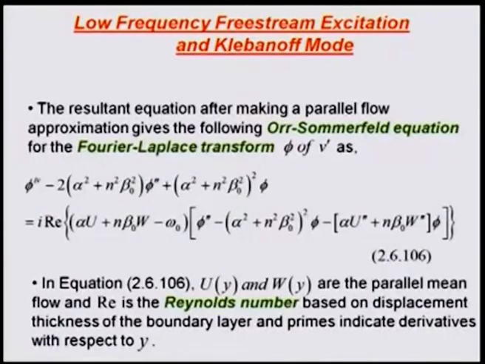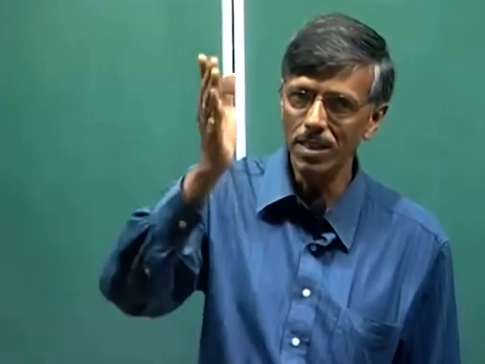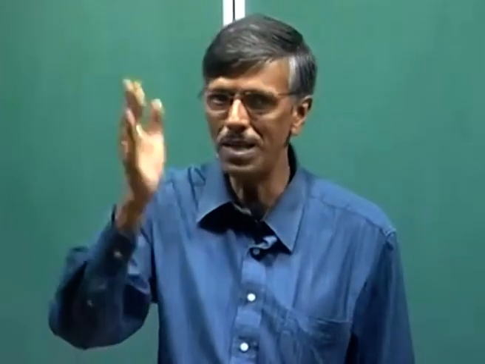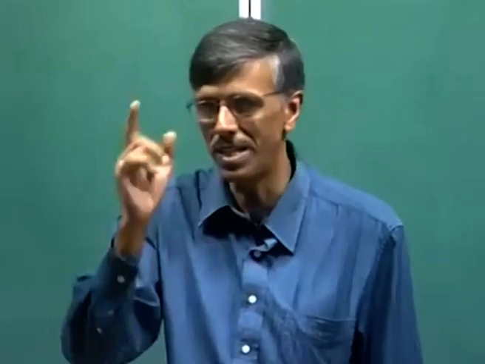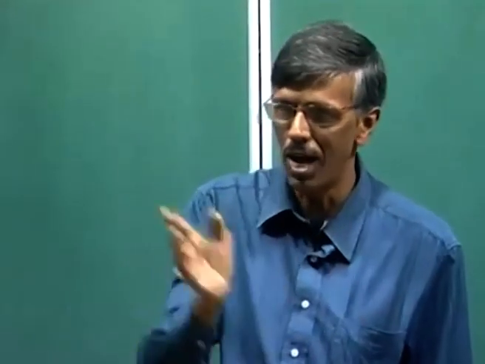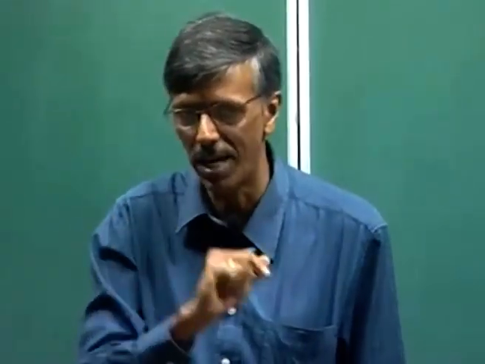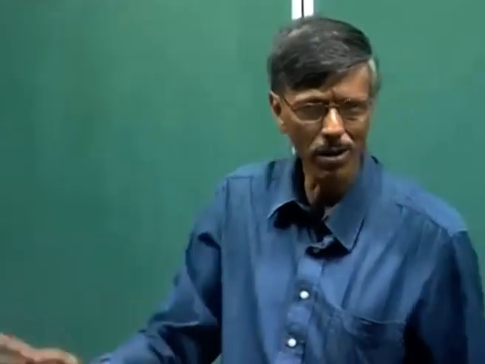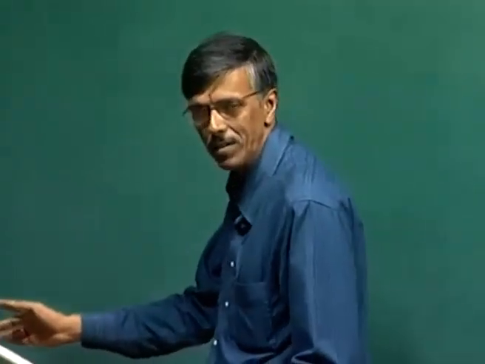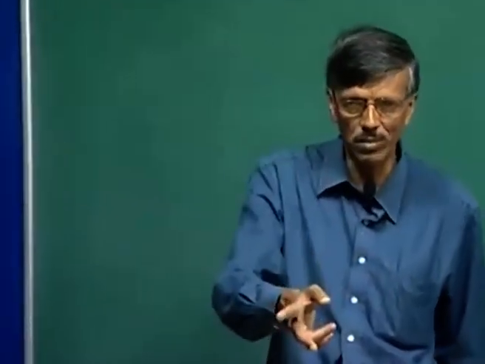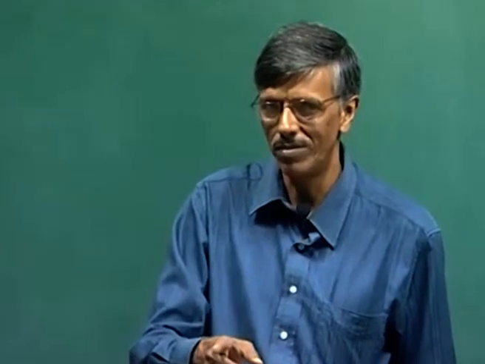So, it is a 3-dimensional problem, but you are looking at each n beta naught at a time. I can take beta naught, 2 beta naught, 3 beta naught, all those harmonics, and calculate the eigenvalue. Whatever we have learned is going to work here directly, because we have posed it as a 2D problem now, since you are looking for complex alpha.